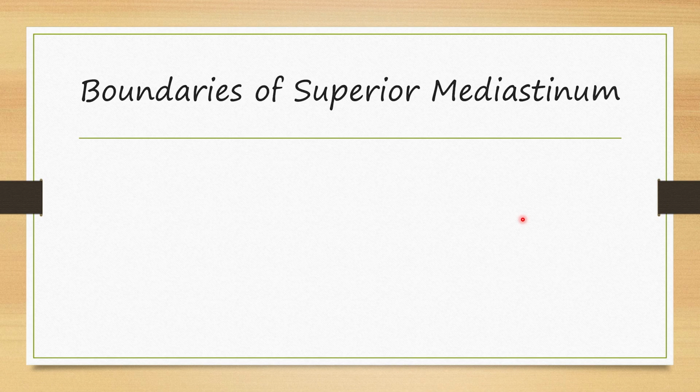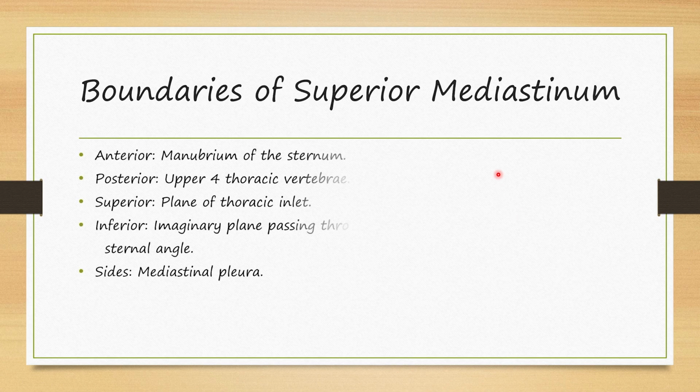Let's talk about the boundaries of the superior mediastinum. Again, these terminologies are so important. Anteriorly, in front, there is the manubrium of the sternum. And on the back, the upper four thoracic vertebrae, as we said before, ending at the imaginary plane at the fourth thoracic vertebra.